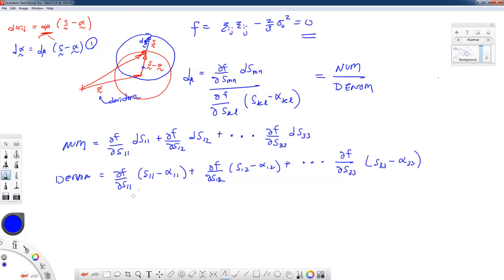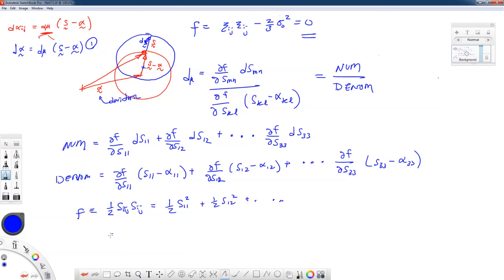And of course, if we know that we're using the J2 criterion, we can explicitly find the values of the partial derivative of our yield function with respect to S11. The handy thing about that is if we use 1/2 Sij Sij, that's equal to, of course, we'll do a couple terms here, like S11 squared, S12 squared, and so forth.